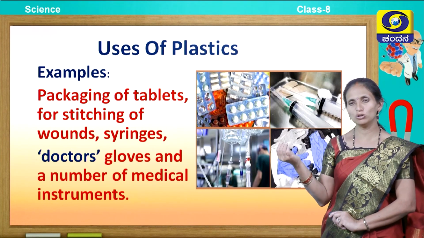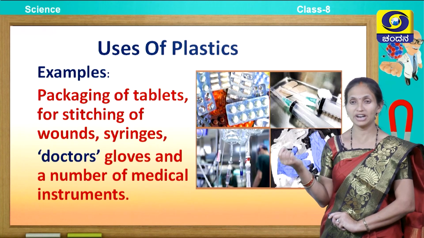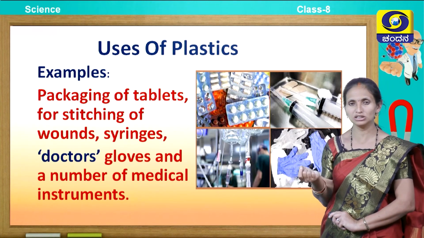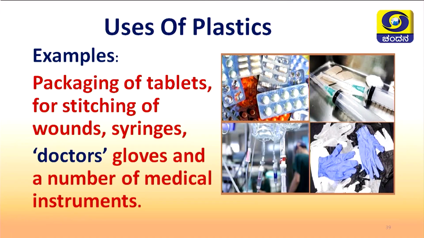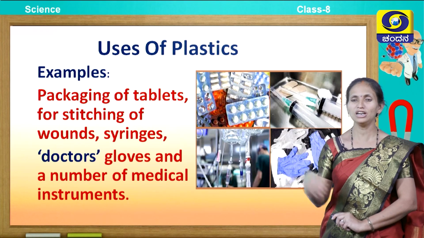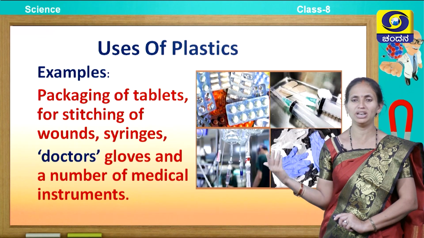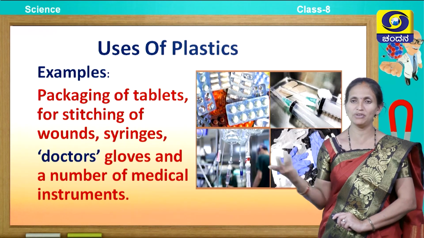Threads used for stitching of wounds are also made of plastics, and syringes. When you take injections, the syringes are made of plastics. The gloves that doctors use are also made of plastics, and a very large number of medical instruments are made from plastics.